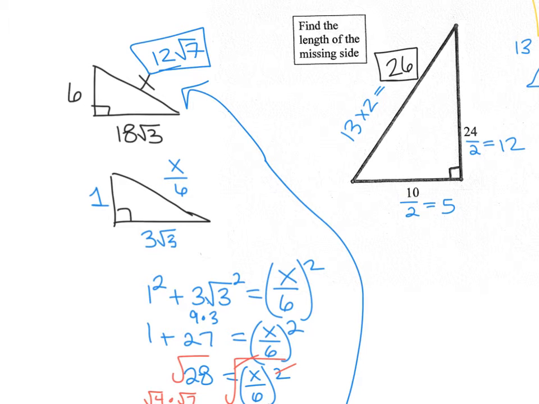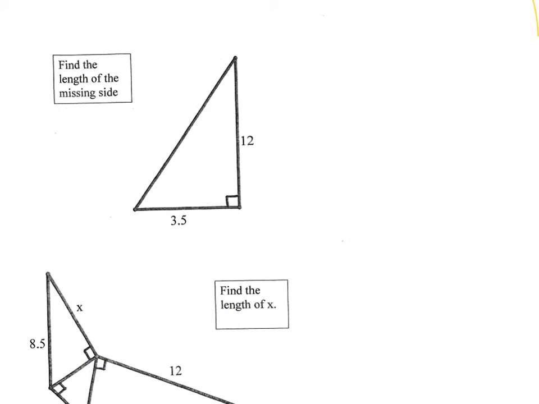Okay, next page. When you look at this triangle, it says find the missing side. So to make it simpler, because there's a 3.5, I hope you would think, hey, let's multiply everything by 2, because that makes this side 7. If I multiply 12 by 2, I get 24. So the special triangles, there is one that has legs with 7, 24, and the hypotenuse would be 25.